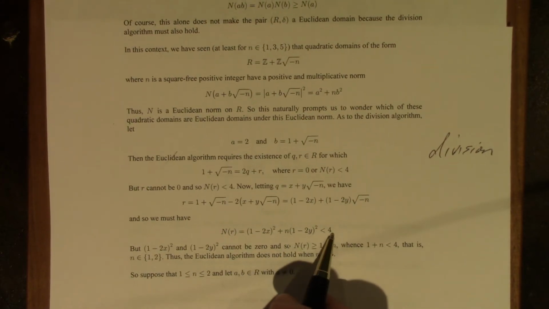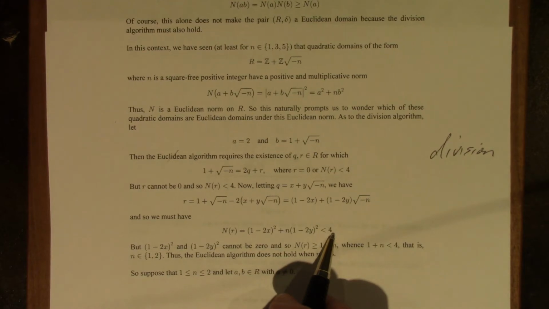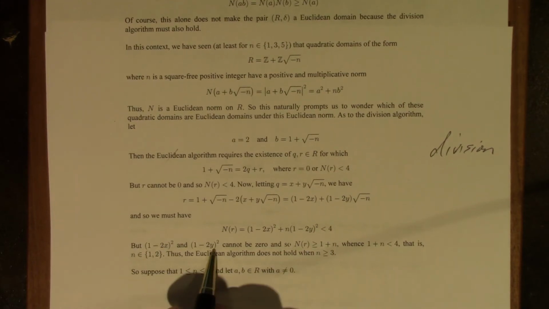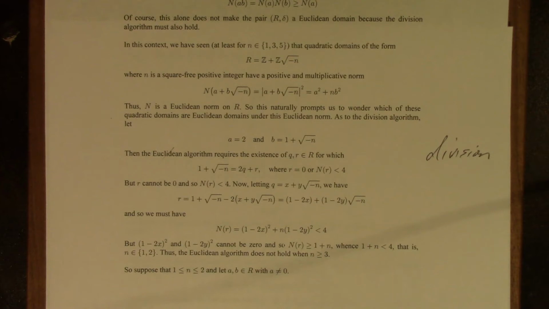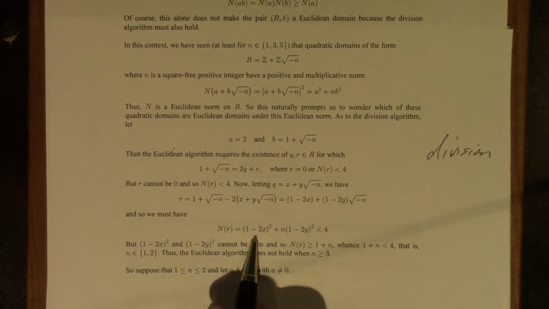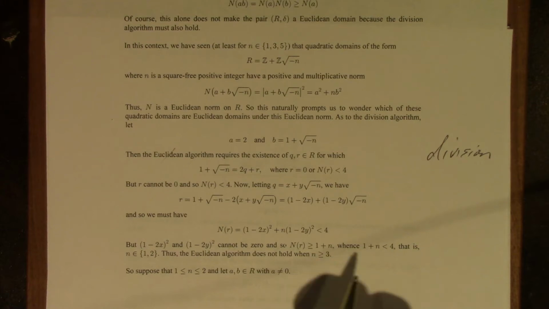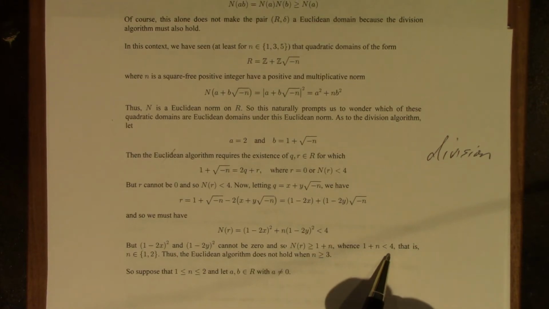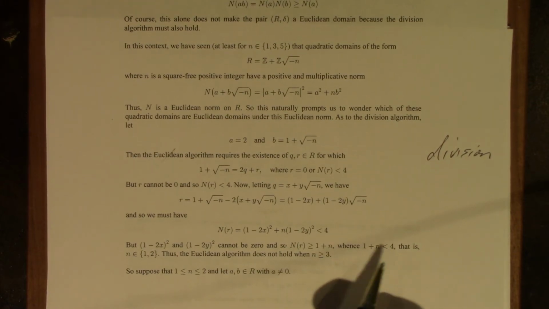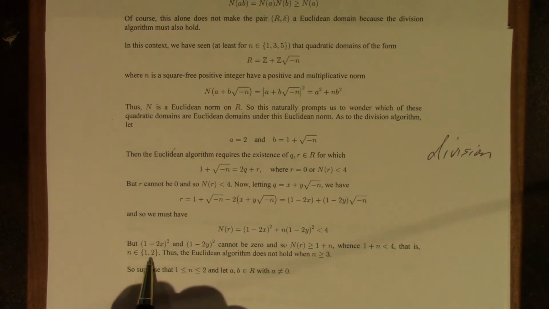It must be less than 4. But neither of these can be 0, and so the norm of r is at least 1 plus n. So 1 plus n has to be less than 4. So n has to be 1 or 2. These are the only possible candidates.